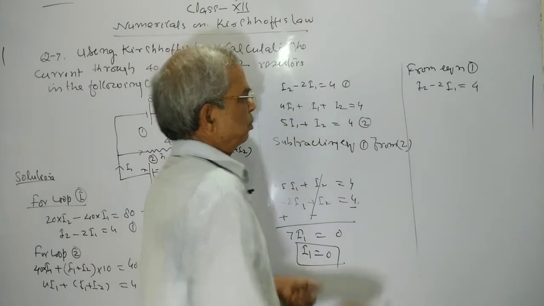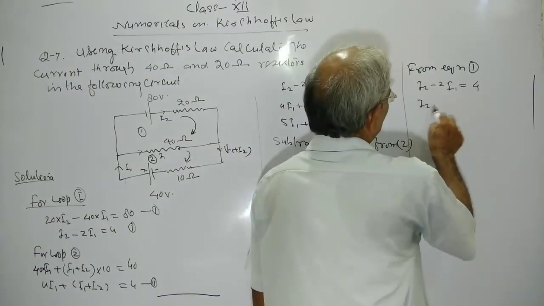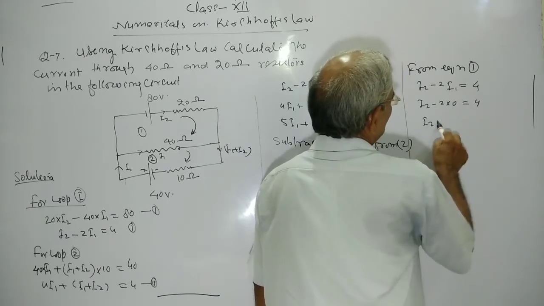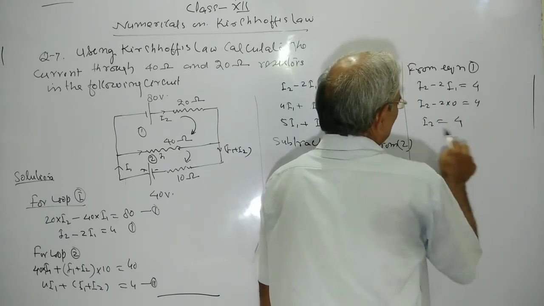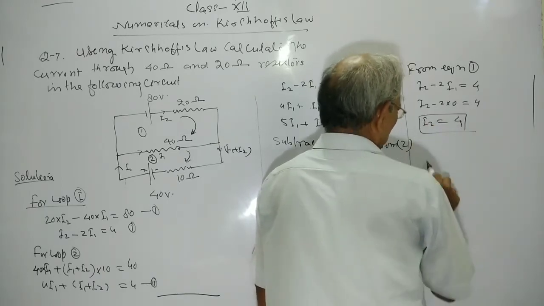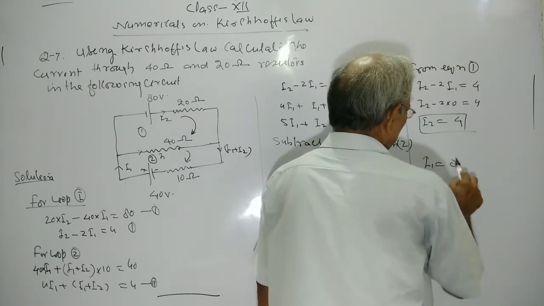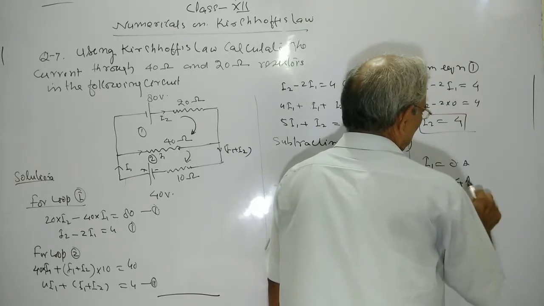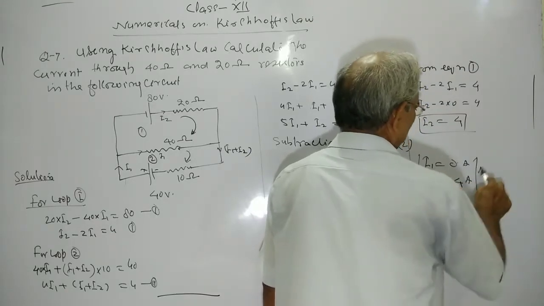I1 is equal to 0. I2 minus 2 into 0 is equal to 4. Then I2 is equal to 4. So our current is I1 is equal to 0 and I2 is equal to 4 ampere. This is the answer.